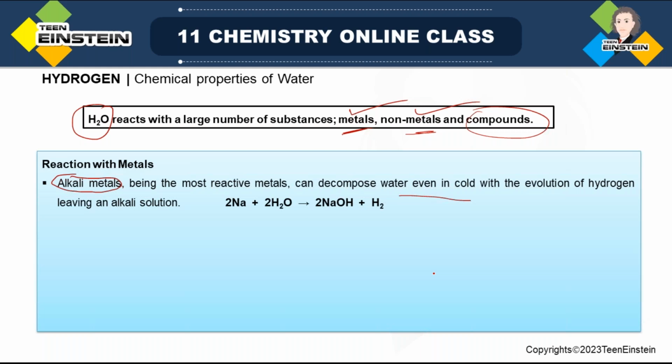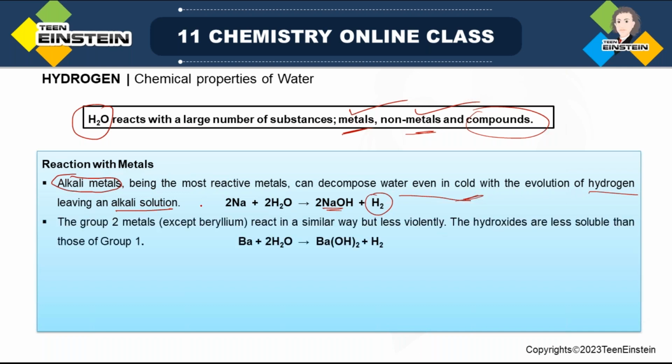And as you move down the group from lithium to sodium to potassium, this vigorous nature increases because the electropositive nature of the metal increases. So even if the water is cold, there will be this type of reaction with evolution of hydrogen and NaOH, depending on what metal you have taken. So ultimately it is producing an alkaline solution, that is, sodium hydroxide in this case.